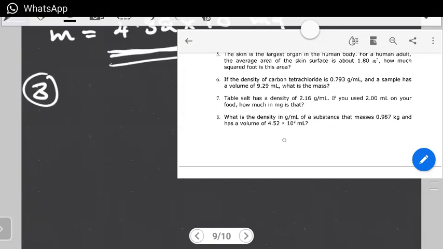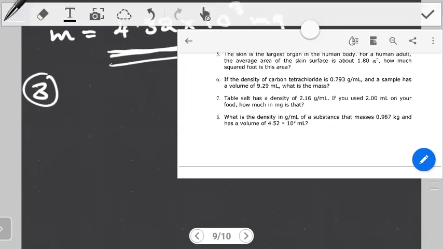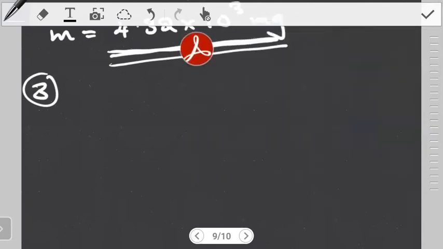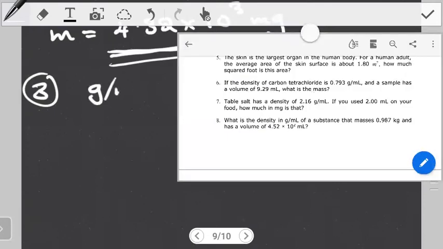So we want to find the density of a substance given its mass and its volume. Okay, so look at what we have. We want to find the mass in grams per milliliter.